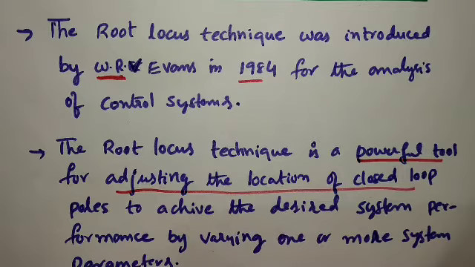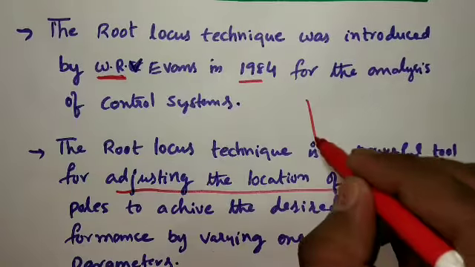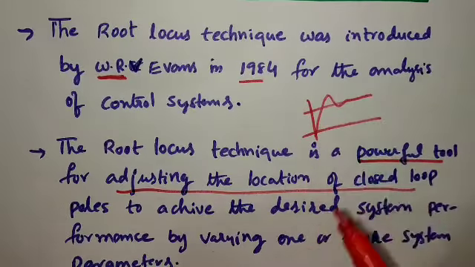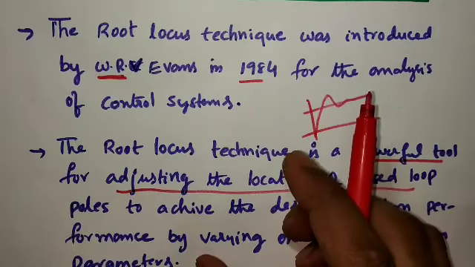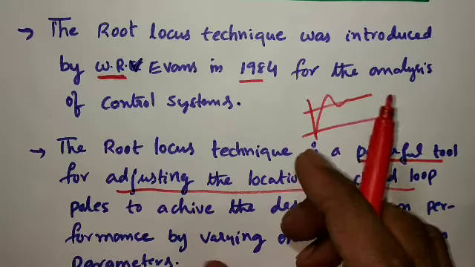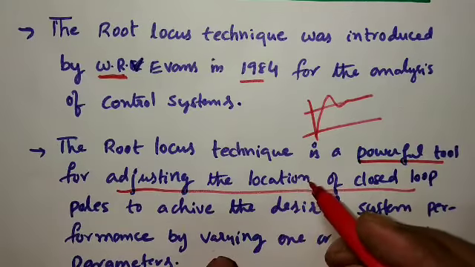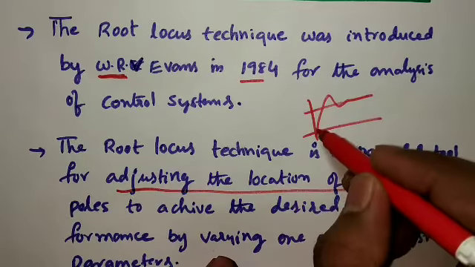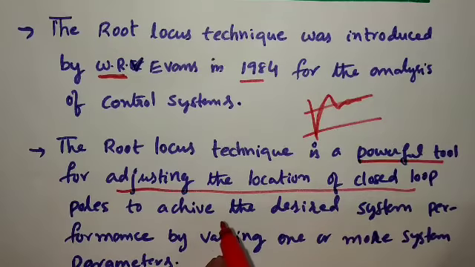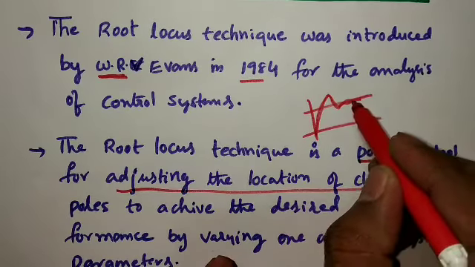We have seen in the Routh stability criterion the responses. There are 4 types of responses: undamped, underdamped, critically damped, and overdamped. Mostly the underdamped response is the accepted response in industry.